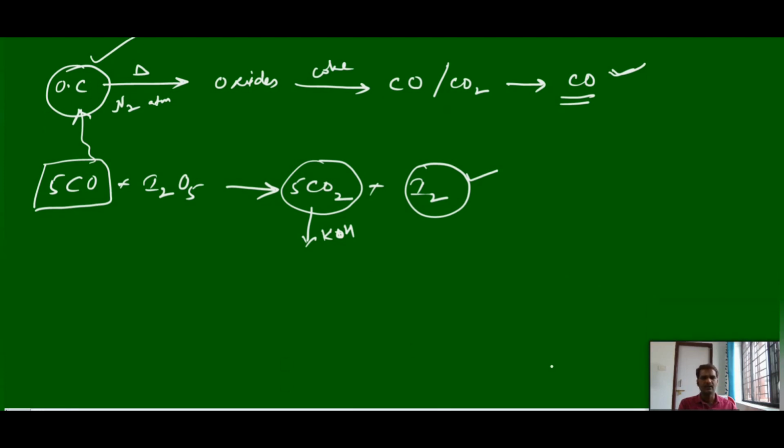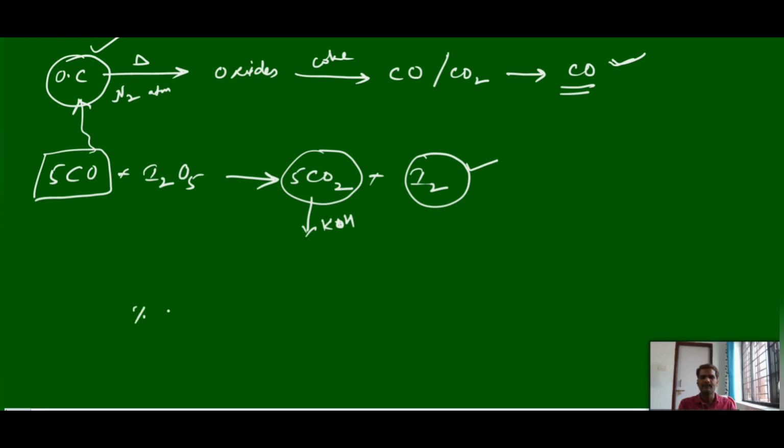Then as usual you can write the formula here. Percentage of oxygen is equal to 16 by 44 into weight of carbon dioxide formed by weight of organic compound into 100. That can give the percentage of oxygen.